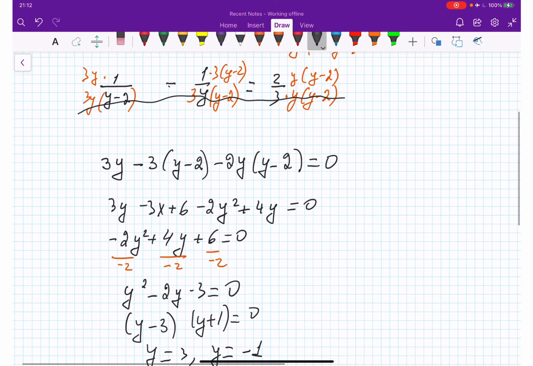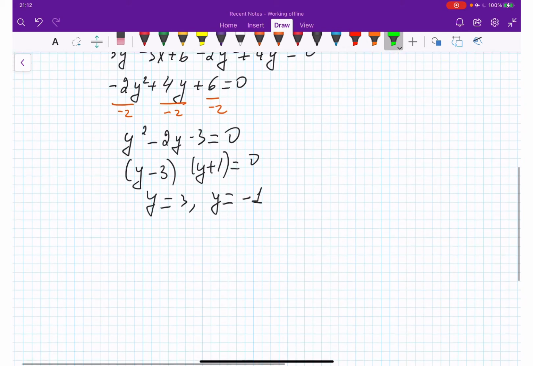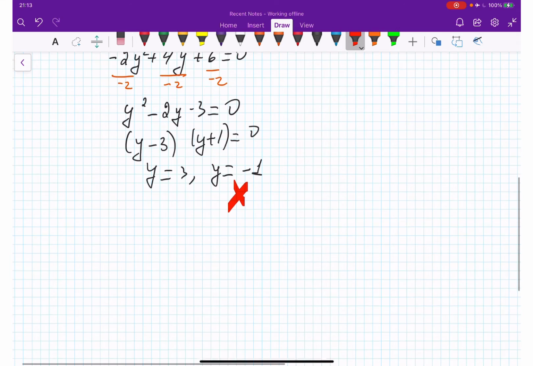Looking at the condition that y has to be greater or equal 0, y equals negative 1 falls out. It cannot be satisfied, and therefore we have only y equals 3.